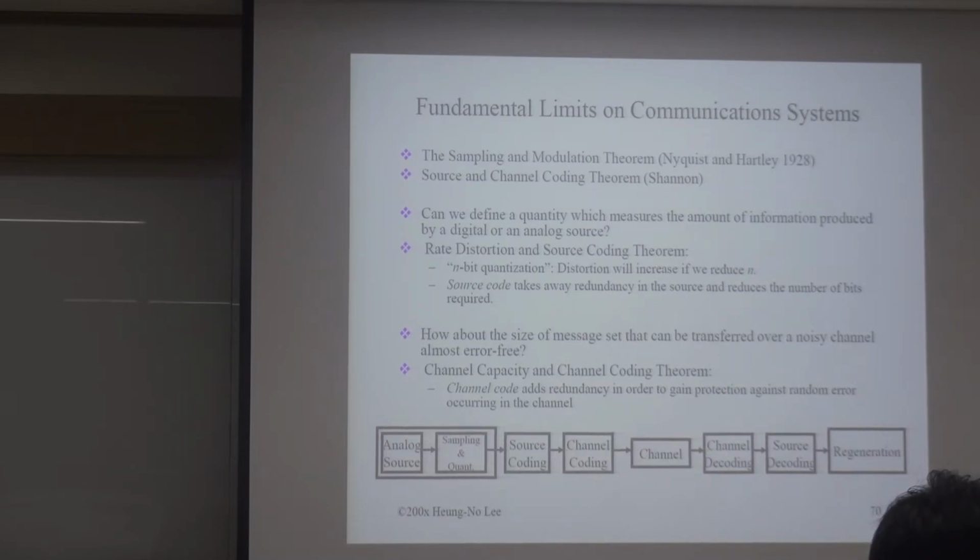So how do you clean up this noise? Basically, that is the job of channel coding. Channel coding increases the redundancy of information and uses this redundancy at the receiver so that the receiver can correct the errors that occurred during the channel transmission.